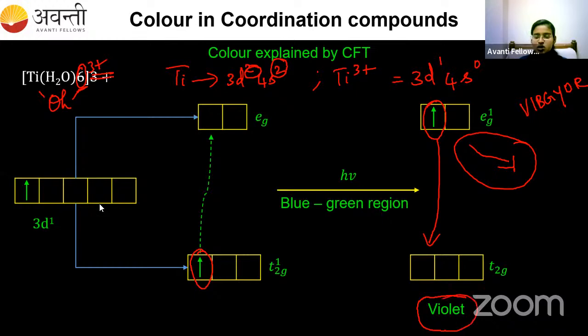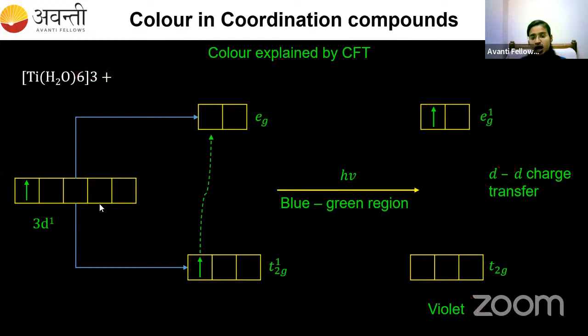So the electron is moving from one d orbital to another d orbital. Electron is also called a negative charge, right? So the d to d charge transfer, the dd transition, is happening here. The color is produced for a complex due to the dd charge transfer.